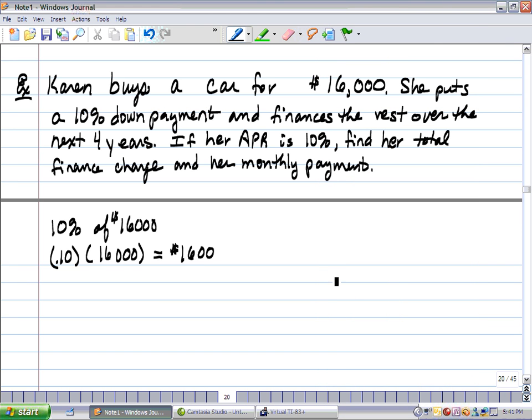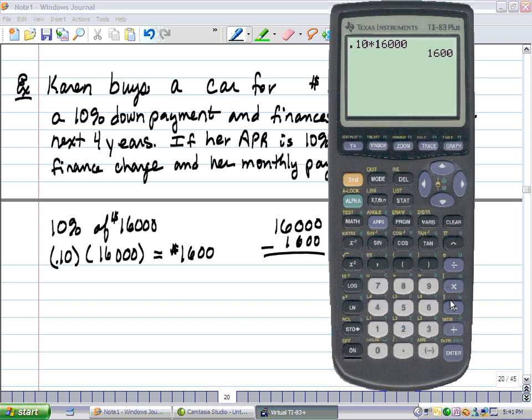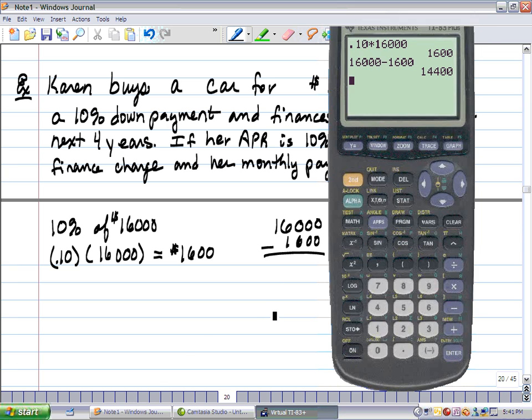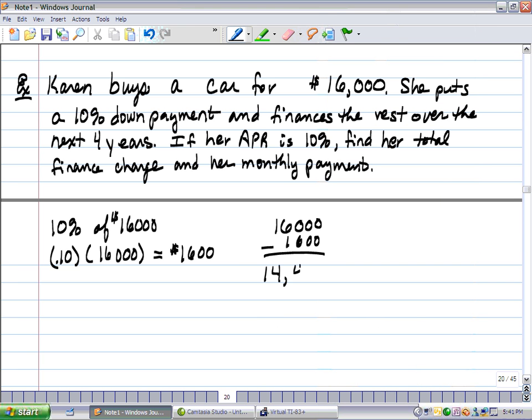So she puts down 1,600, and that leaves her 16,000 minus the 1,600 to finance. 14,400. So she's getting a loan for the 14,400 that she still owes on the car.